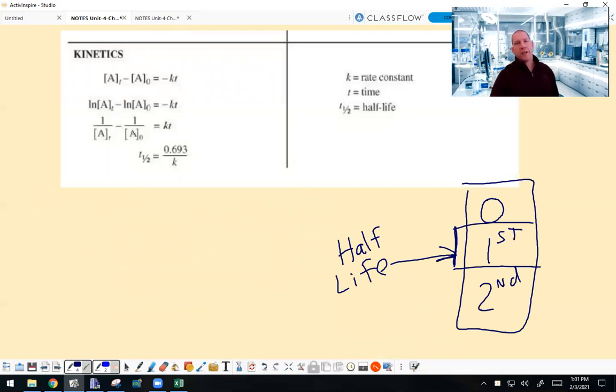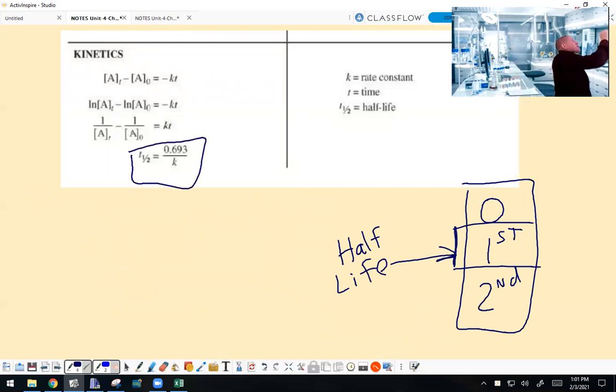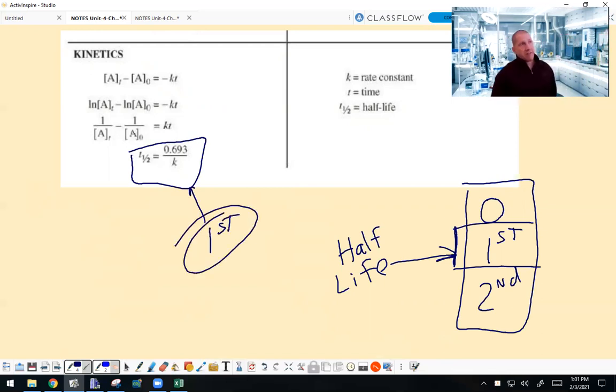So they're all first order kinetics when you're doing nuclear decay. So that's where you usually see it, and that's what this is right here. So the only equation for half-life that's there is the first order reaction half-life. Zero and second order reaction half-lives do exist, but they are all based on the initial concentration, and they don't make you learn them.